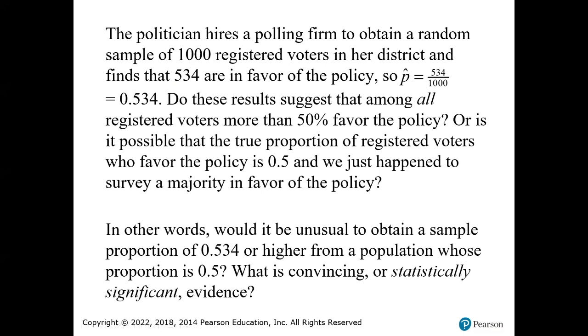What we're trying to do is figure out, would it be unusual to obtain a sample proportion of 0.534 or higher from a population whose proportion is 0.5? What is considered convincing or statistically significant evidence?